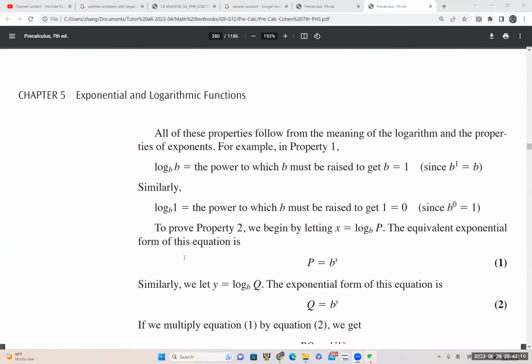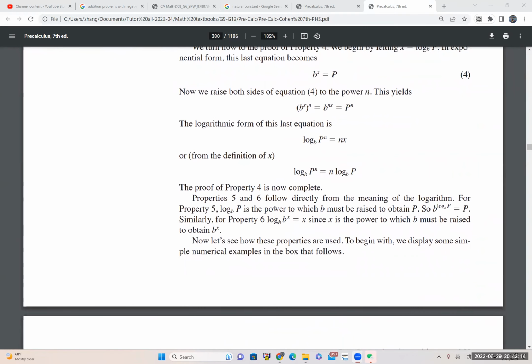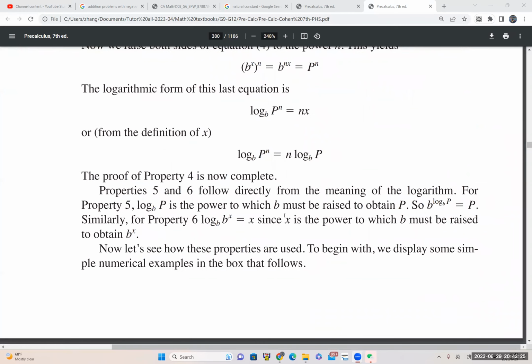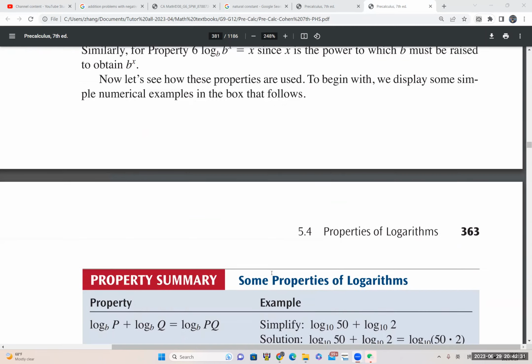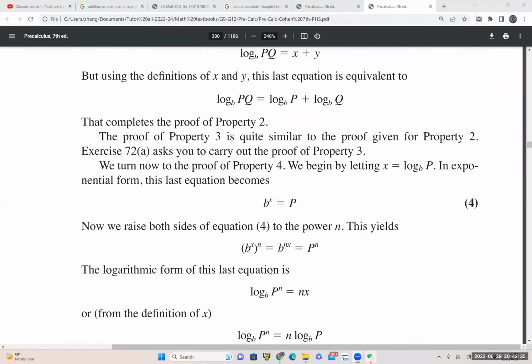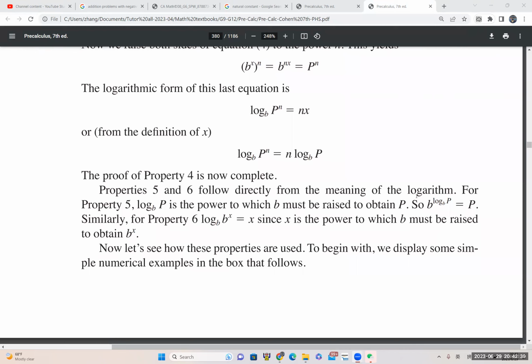Let's say it's for 5. That just means follow the definition.